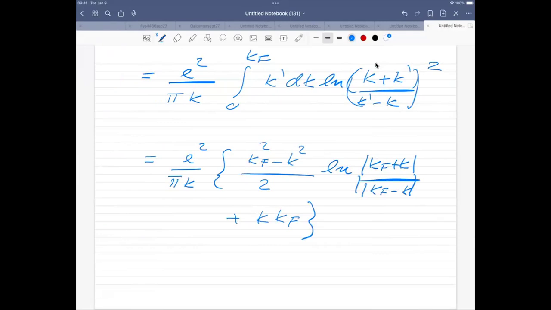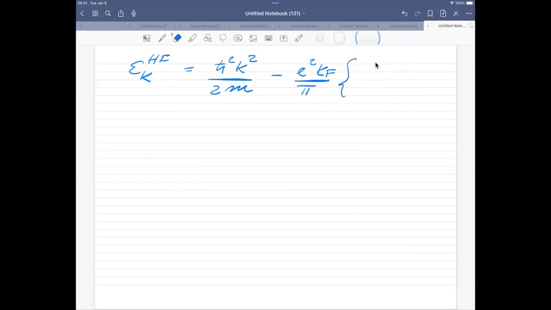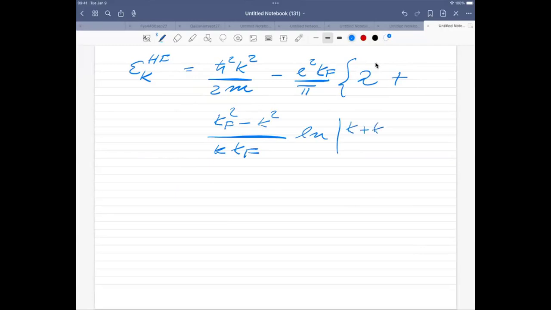So if we now collect these expressions, we are going to get an analytical result for the Hartree-Fock energy for a state with a momentum k, or wave number k, which is given by ħ squared times k squared divided by 2m minus e squared, where we now collect everything, divided by pi, and then I have a term 2, plus (kF squared minus k squared) divided by (k times kF), and this has an ln of (kF plus k) over (kF minus k).